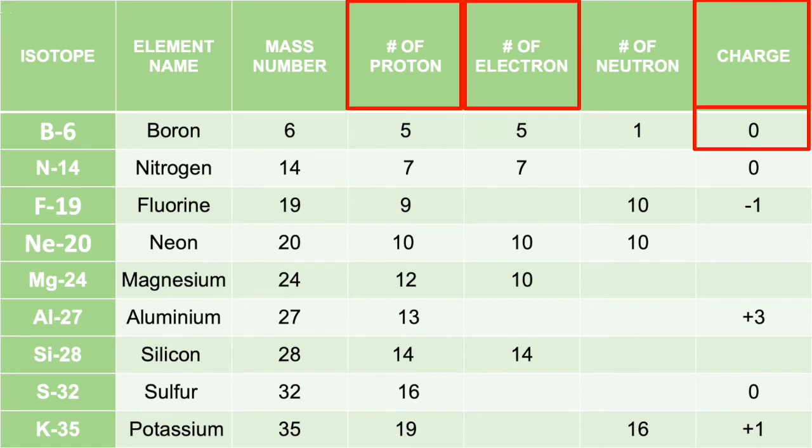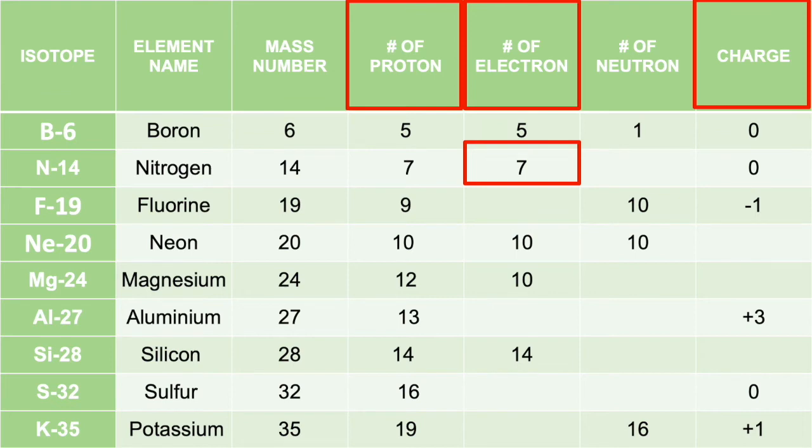After identifying the charge of the atom, look at the number of protons. If the atom has a charge of 0, it means that the atom is in a neutral state, meaning to say that the number of protons and the number of electrons is equal. That is why, if the number of protons for boron is 5 and it has a charge of 0, it means that the number of electrons is also 5.